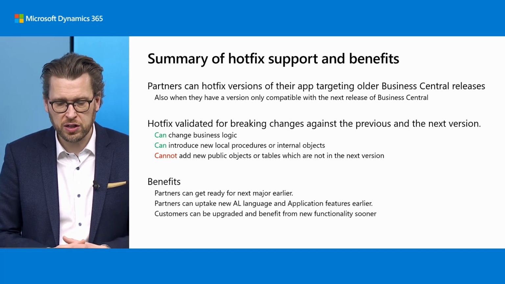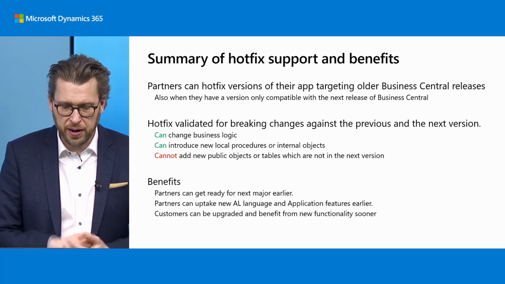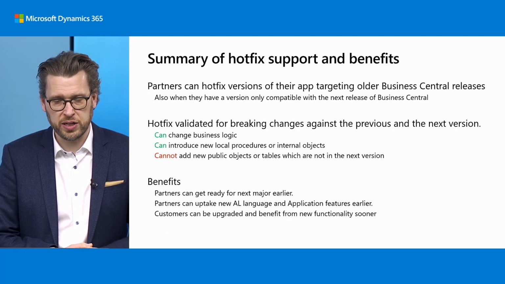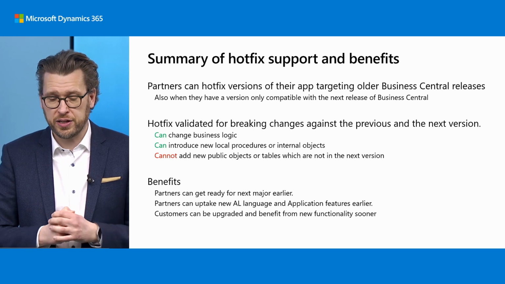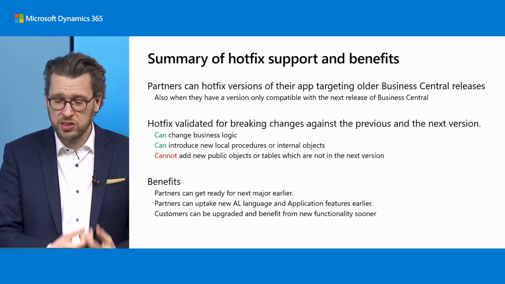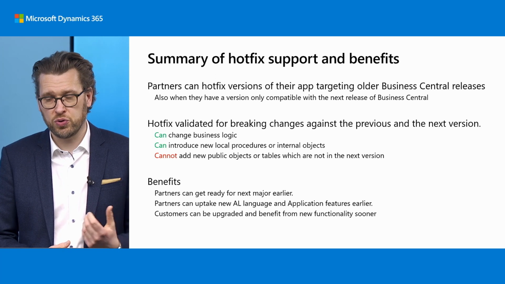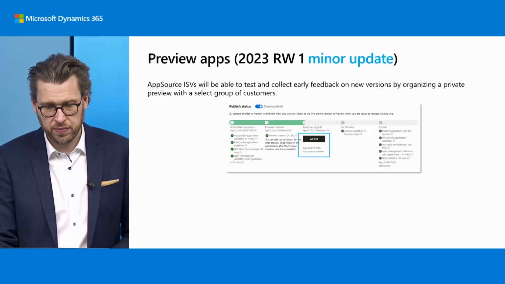But the benefits of this should be that the partner should be able to get ready for the next major earlier and uptake new features, but also that customers can be upgraded and benefit from new functionality sooner.